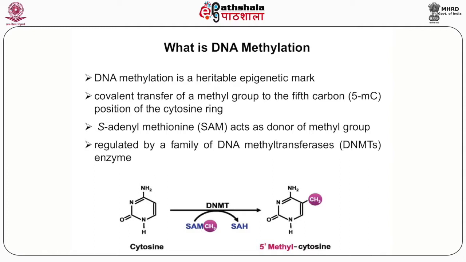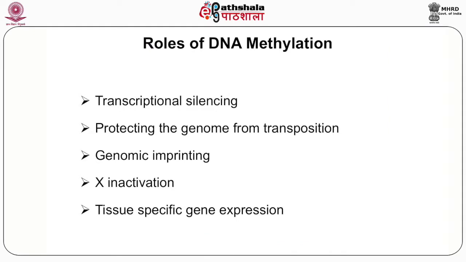During zygote formation, the DNA methylation mark is typically removed and then re-established in the embryo at approximately the time of implantation. DNA methylation is essential for normal development and plays a crucial role in a number of processes: transcriptional silencing, maintaining genomic stability by protecting the genome from transposition and suppressing repetitive elements, LINE elements and Alu elements transcription and transposition.